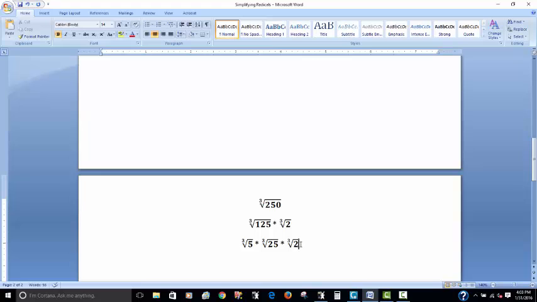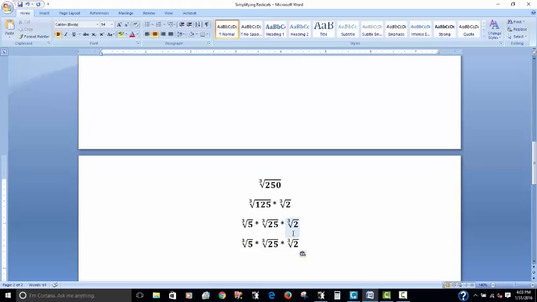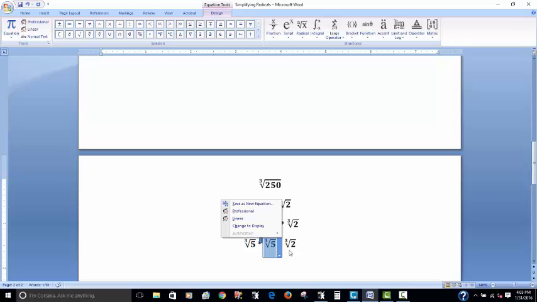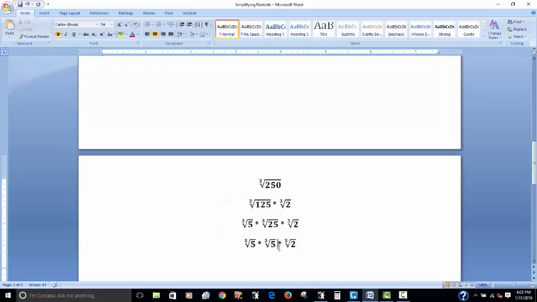Now, the cube root of 25, I could break that down even further. The cube root of 25 is basically the cube root of 5 times the cube root of 5 times the cube root of 2.